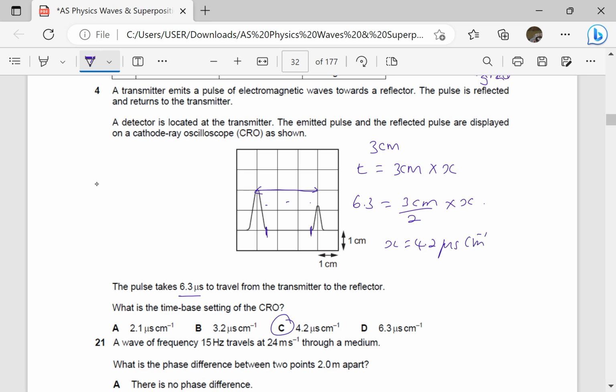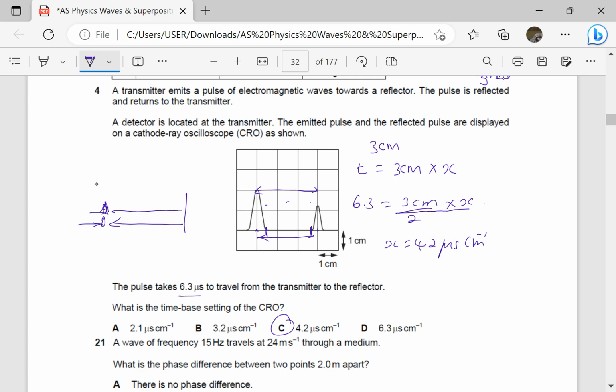This might be confusing. The time between this point and this point is the time towards the reflector and coming back, because the transmitter and the microphone are at the same point. And what is seen here is the time between transmitting and receiving. So that time is twice. That's why I divided by 2 here.